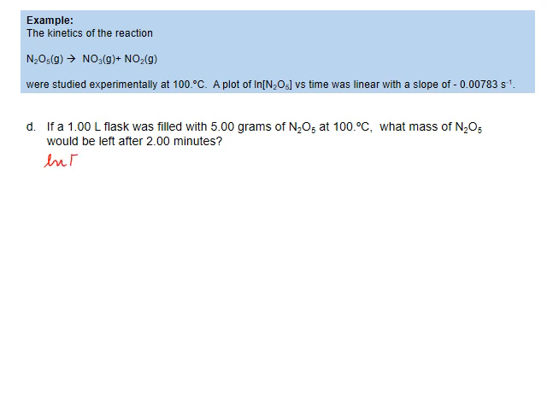Let's write that out. The natural log of N2O5 at some later time t is equal to the natural log of the initial concentration of N2O5 minus kt. I'm going to bring both natural log terms to one side.